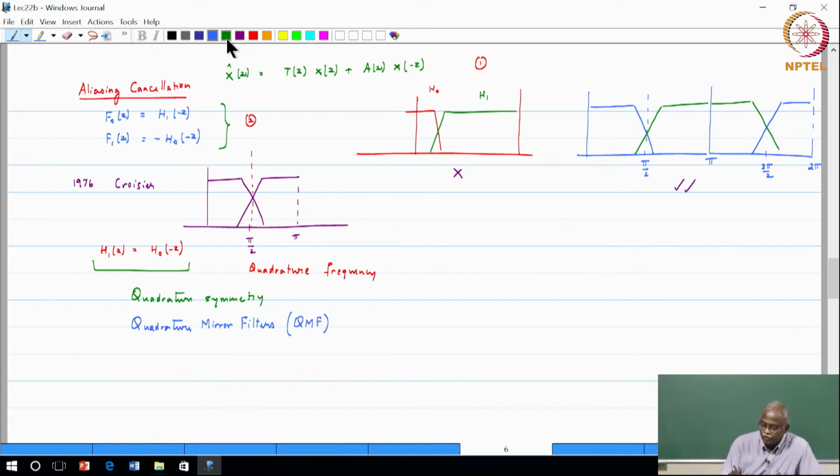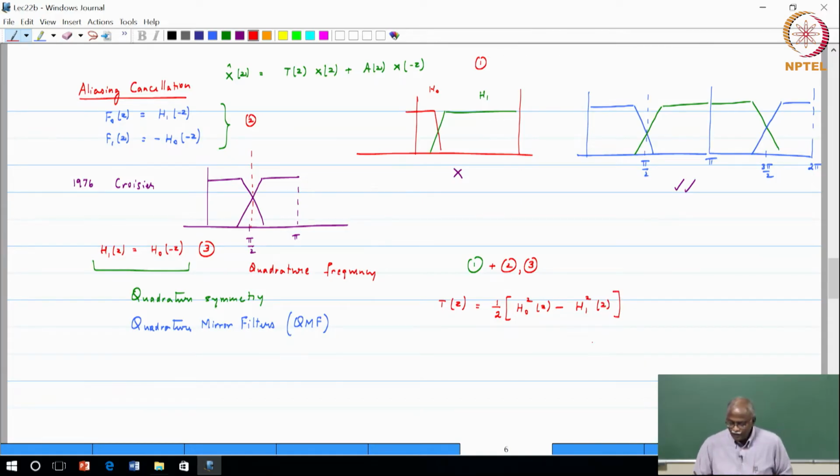Now if you combine equation 1, 2, and this is now equation 3, add, I want to get rid of aliasing with this constraint, please substitute, you can verify that T of z, the transfer function, will come out to be 1/2 of H naught squared of z minus H1 squared of z.